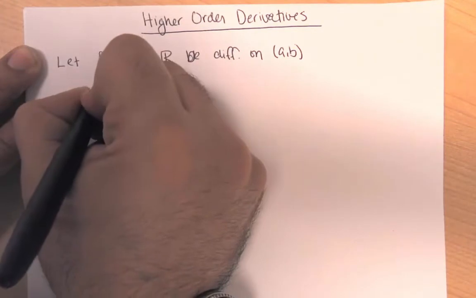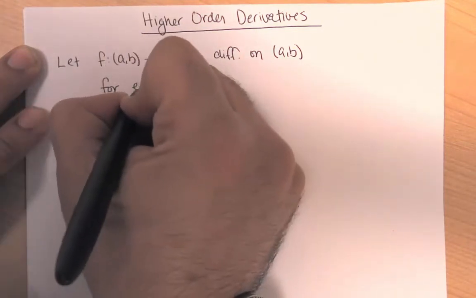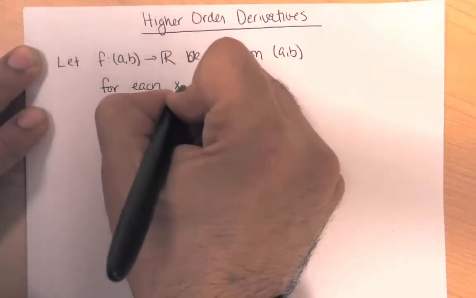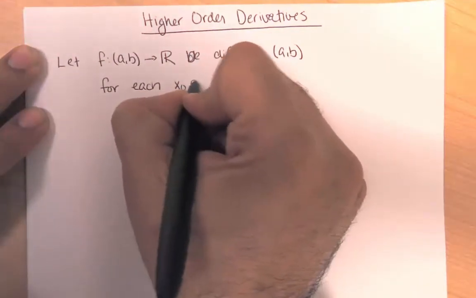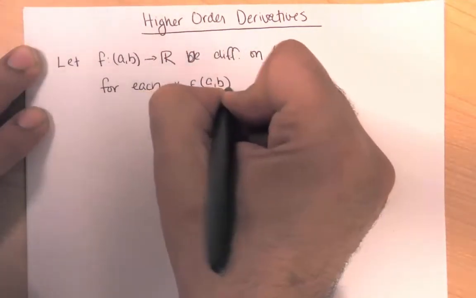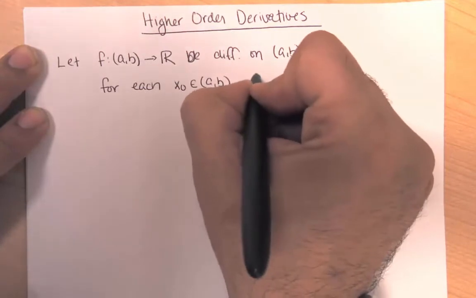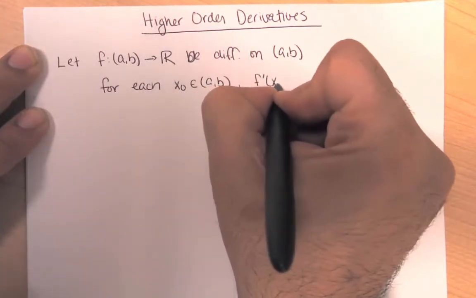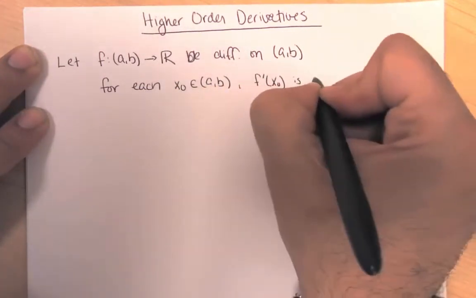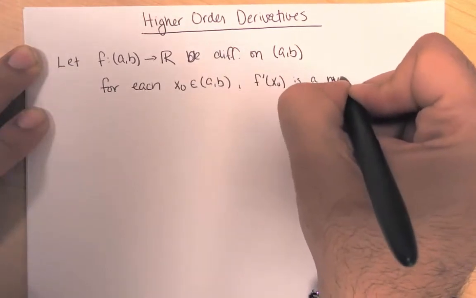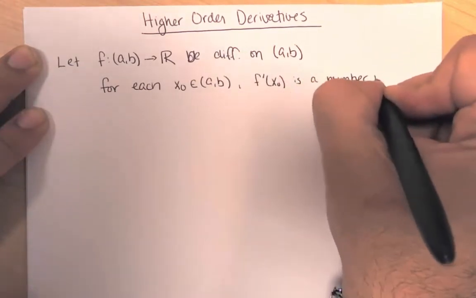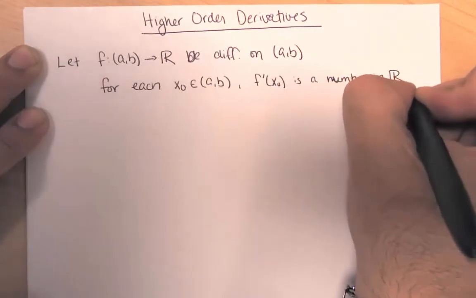Well, for each x naught in the open interval, the derivative at x naught is a number in R.